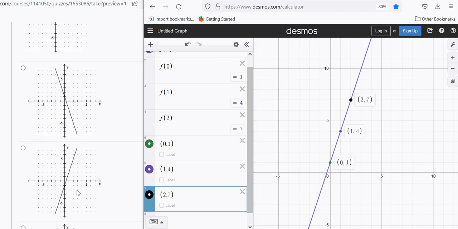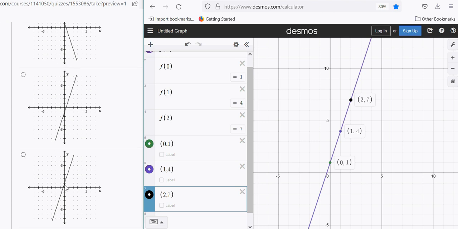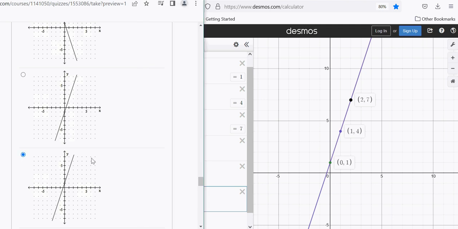So it's not this one. Not this one because here is not 0, 1. Y-intercept. It sounds like this one is right. Let's see, we have this one and this one. So you choose the one right here.